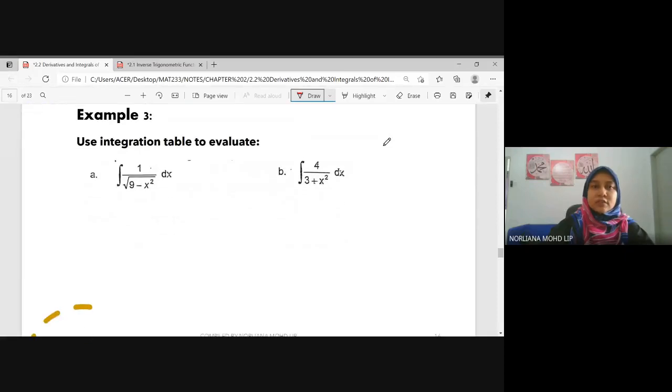Okay, example 3. Use the integration table to evaluate. Okay, number 1 A ni. Okay, biasanya untuk yang ni apa? Ni awak boleh tukar lah kan. 1 over 3 square kan, 3 square minus x square dx.